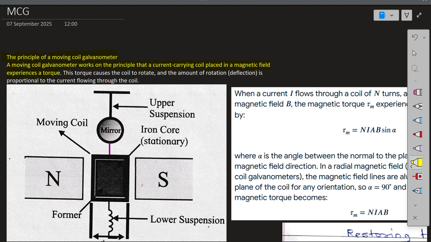Okay, by acting as a couple, this torque causes the coil to rotate, and the amount of rotation, meaning deflection, is proportional to the current flowing through the coil. This is the working principle of this moving coil galvanometer.